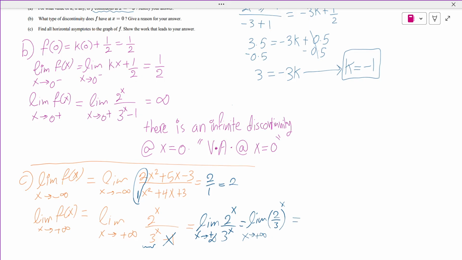So if you evaluate this limit, it will be 0.